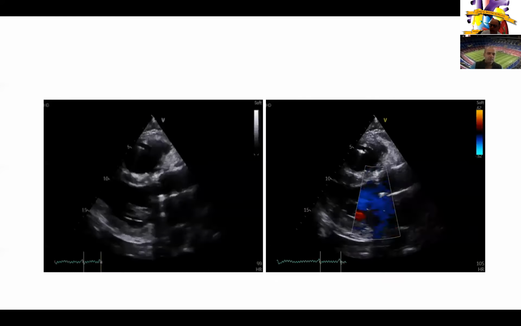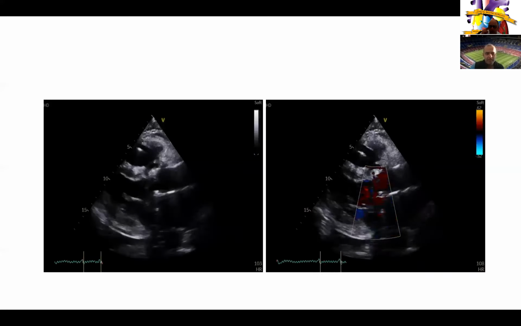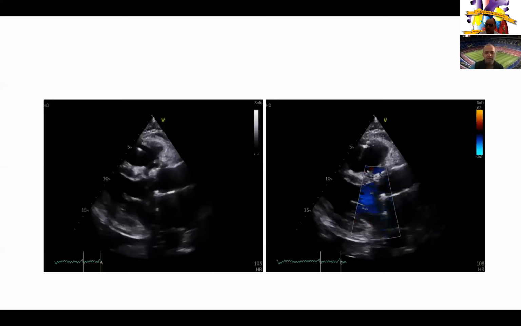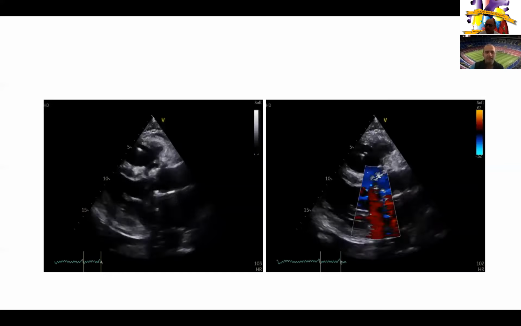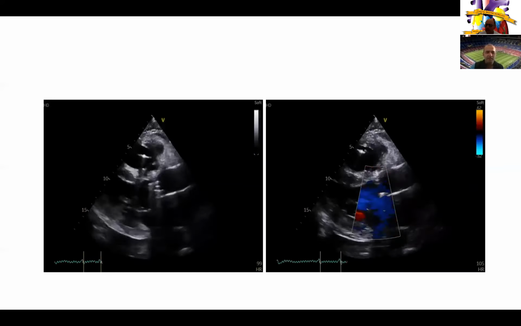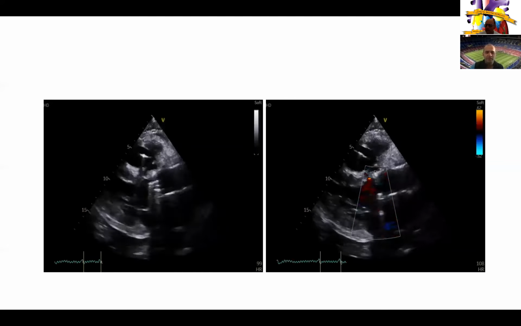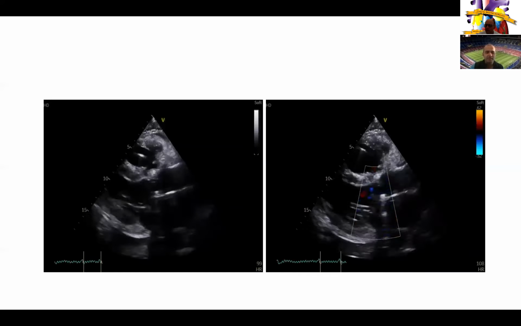We go on to get a surface echocardiogram. Here's your surface echocardiogram, parasternal. Yeah, so here's parasternal long axis. Things to note right away is you see the RV is dilated and the septum is actually moving towards the LV, so probably you have some signs of RV volume and pressure overload. There's a PA catheter that you can see in the right ventricle.